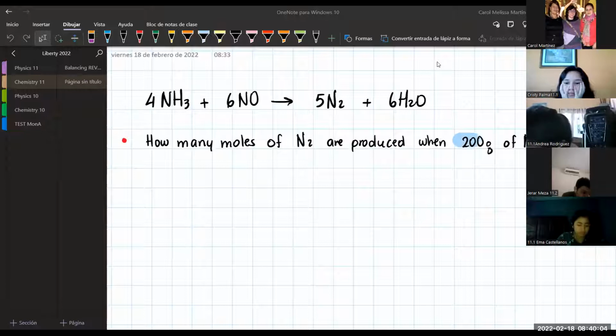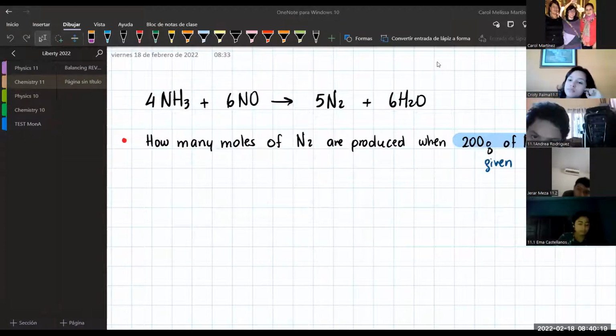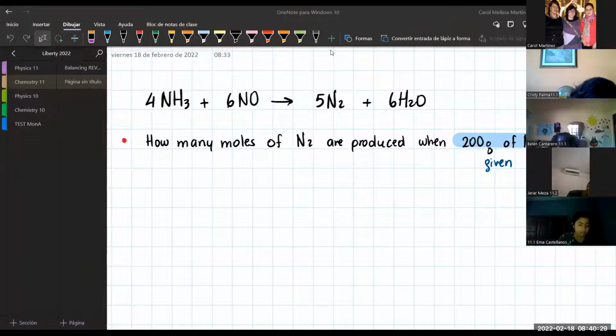So we identify the 200 grams as the given, because it's the value related to a number. And it's asking us to find what? Moles of NH3. It's asking us to find moles of nitrogen gas. So this corresponds to the unknown.